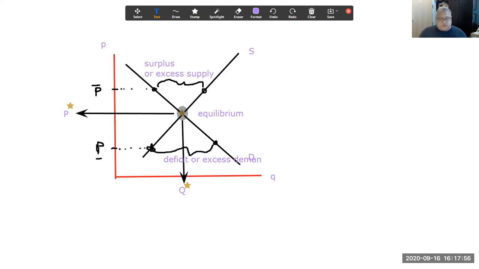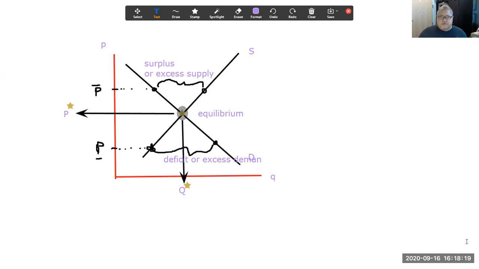So all those are situations that might take a market out of its free market equilibrium, out of the point where there's agreement between buyers and sellers.